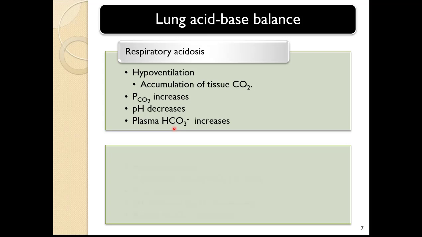We're able to pull some of that bicarbonate out of the red blood cells, or most of it. So even though you're having problems with pH due to carbon dioxide, there is a little bit of offset to that. But still, the overall effect is that carbon dioxide is going to cause your blood to become acidic.